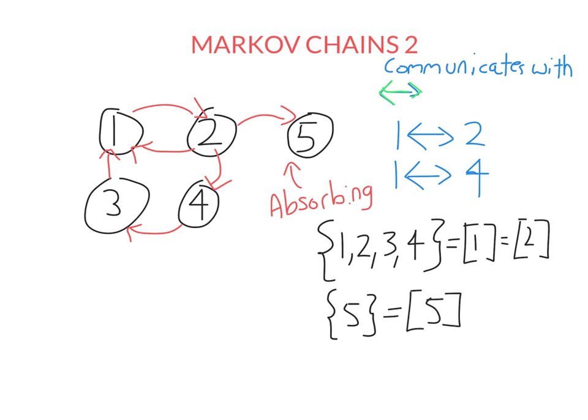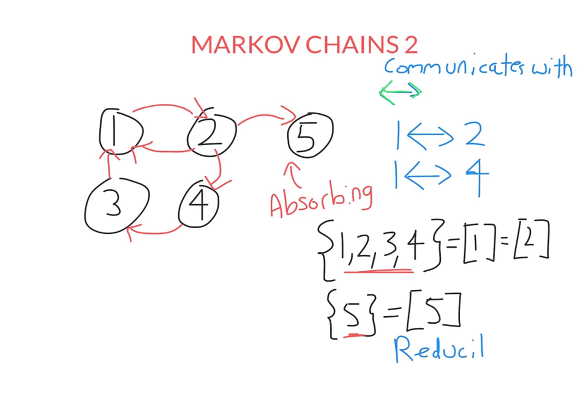So if you have elements in the same class, then they communicate with each other. Elements in a different class do not communicate with them. So you can't have 2 elements in different classes that communicate with each other. So if you can do what we just did and divide the chain into communication classes, we call the chain reducible.